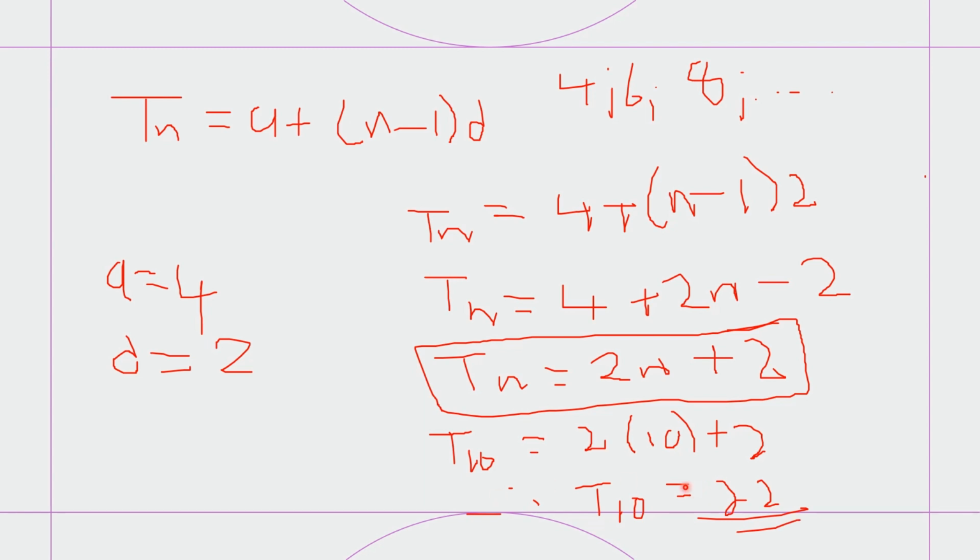So you can see now, if you are given, let's say for example, identify the 1000th term, you won't need to add 2 from the previous term to get to the next term, but you can just plug in on this general term to identify the value of that term. And then they can also say, for example, find the position of a term that has a value of 2000.